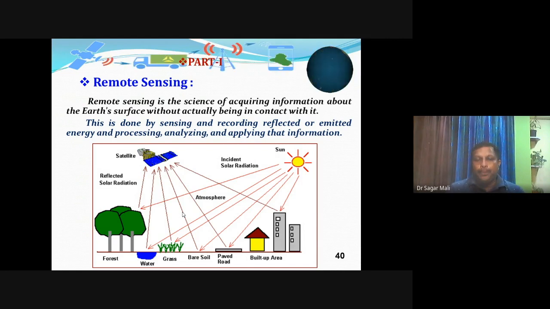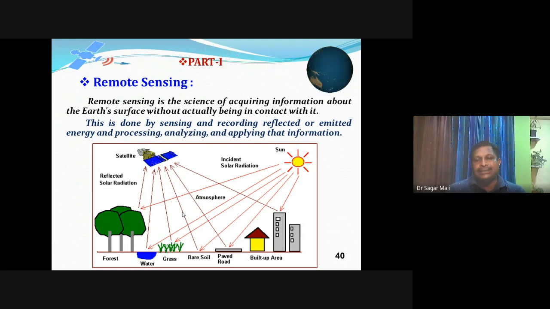The processing unit works on this digital number, which is called digital image processing. After processing, the image is created, and that image is used for various multipurpose applications: for analysis, decision making, planning and management. Hence, this is a very interesting remote sensing technology we are using in geographical research.